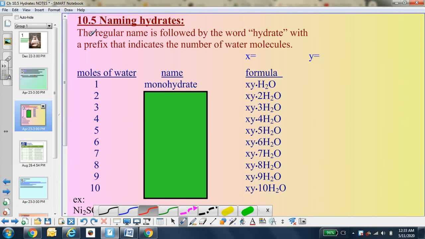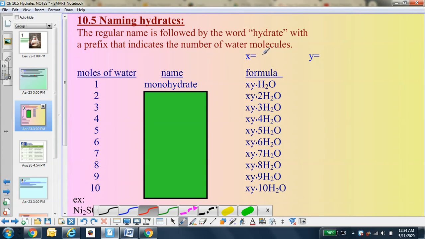Whenever we are naming a hydrate, we're just going to name it like we would a normal ionic compound, and we're going to tell with a prefix how many water molecules there are and attach the word hydrate to that prefix. You'll notice that we have an X and a Y in the general formula for all of our hydrates.